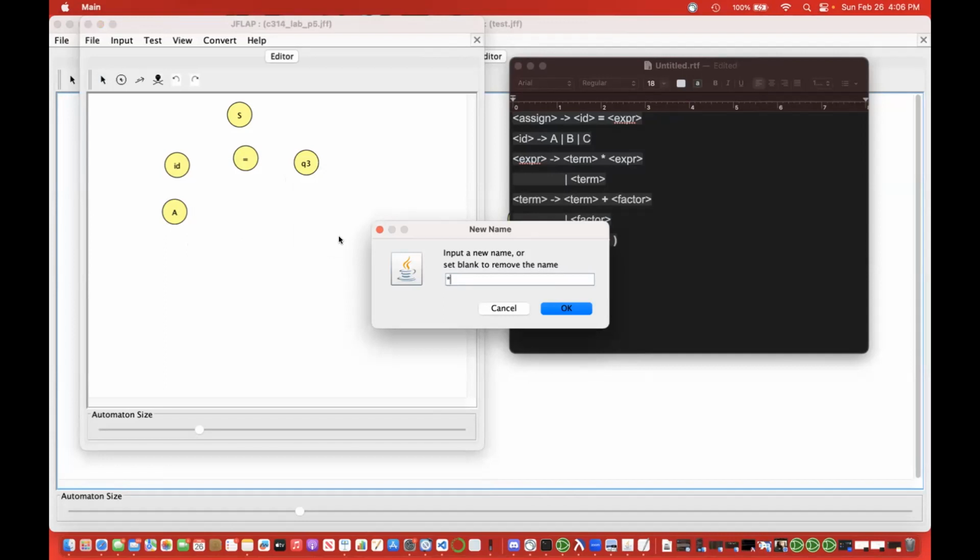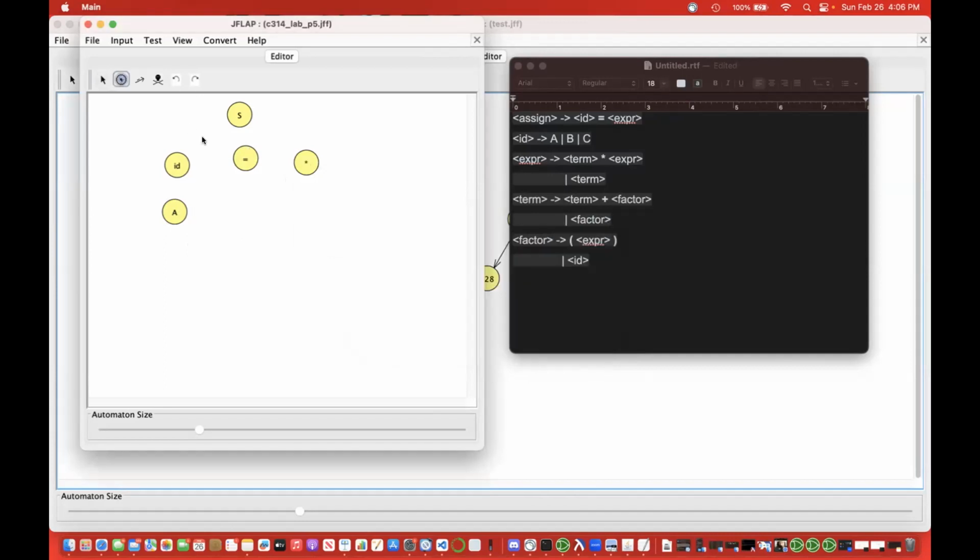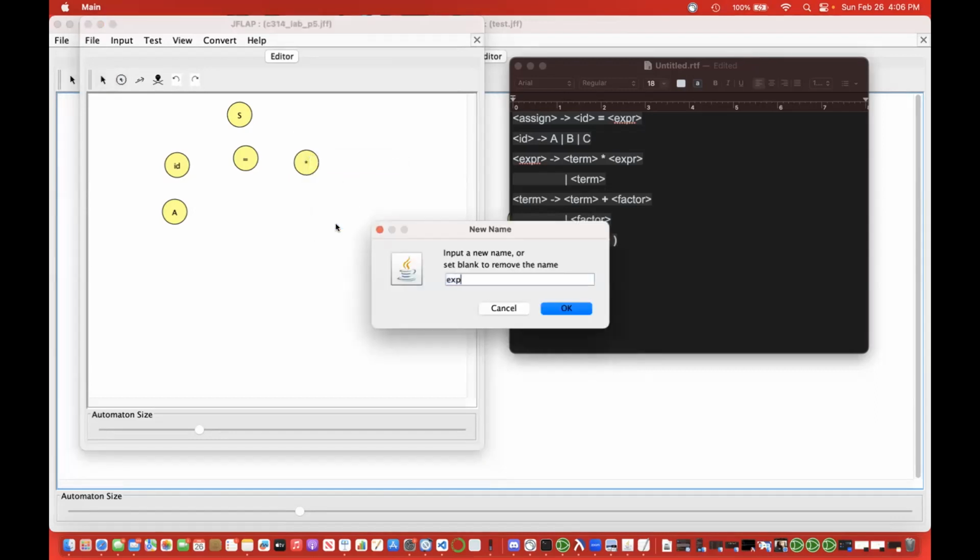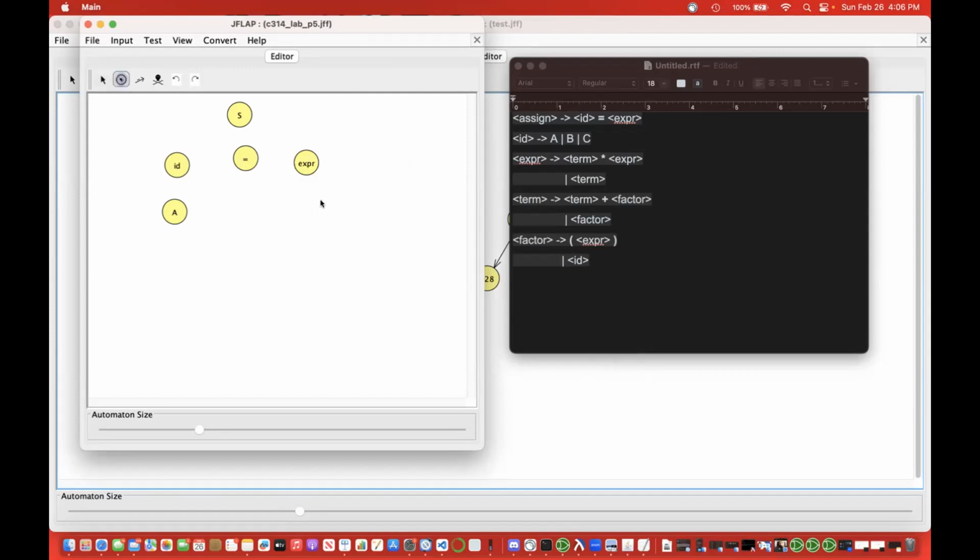Yeah, otherwise there'll be parentheses. But then on that note, it would be expression though. Right here, and then that points to it. And that points to multiplication.